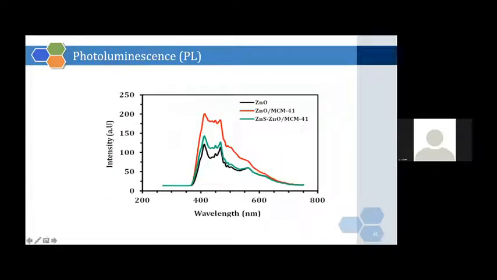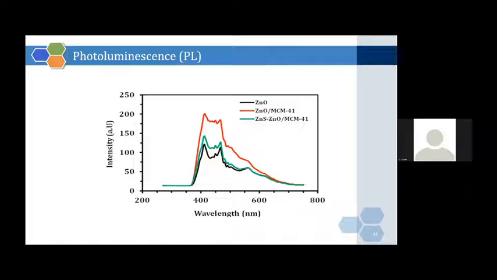This is the PL spectra of the prepared samples. This sample exhibits two peaks compared to the zinc oxide MCM sample. For zinc sulfide zinc oxide MCM, the peak of this composite is diminished, indicating that the recombination of photogenerated electron-holes is restricted in the zinc sulfide zinc oxide MCM composite due to strong electron migration from zinc sulfide to zinc oxide.